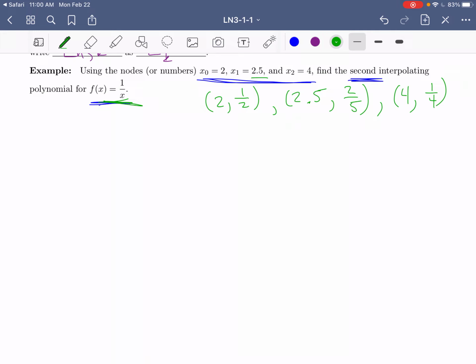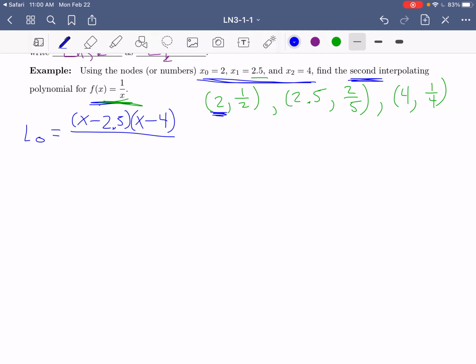Now we're going to build our Lagrange interpolating polynomial, and we'll build it piece by piece. So L0. The number of points is known, we know that it's 3. I'm not going to write L30, although you could. What are we going to do? Well, we're going to skip over this first point. We're going to take x minus the second point, so x minus 2.5, and then x minus the third x value, x minus 4.